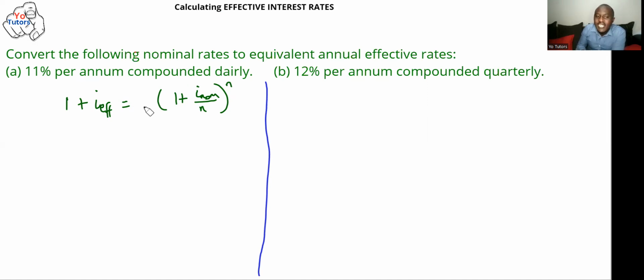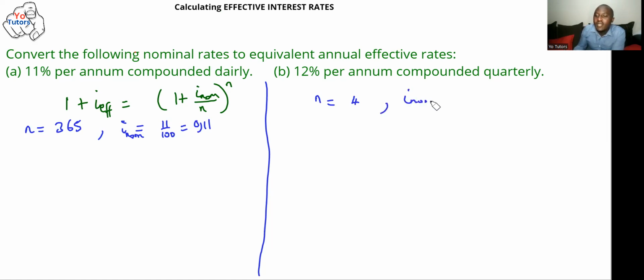If it's compounded daily, we need to understand what our n is. How many days in a year? 365. Then our I nominal is going to be equal to 0.11, which is 11/100. And for the second one, our n is 4 because it's 4 times per year, since it's quarterly. Then I nominal is equal to 0.12.